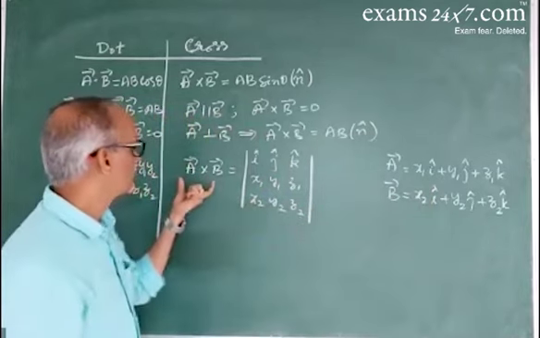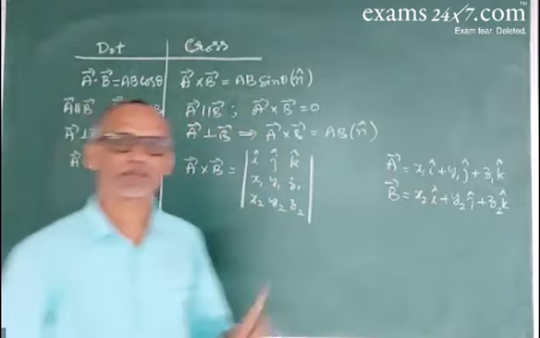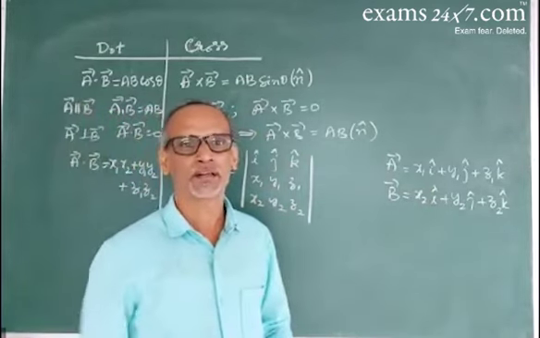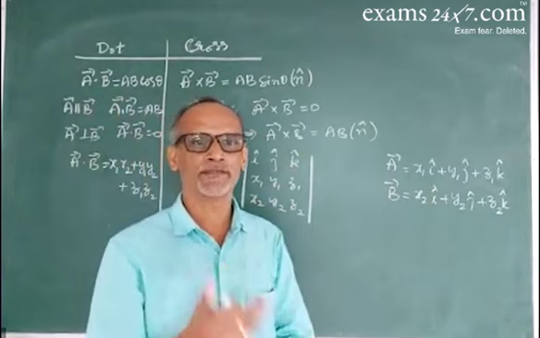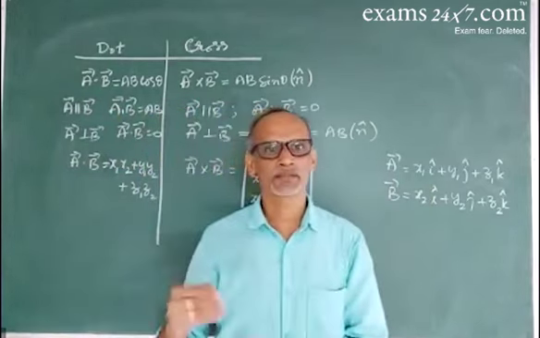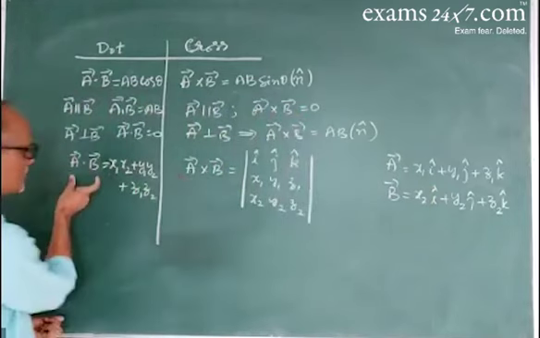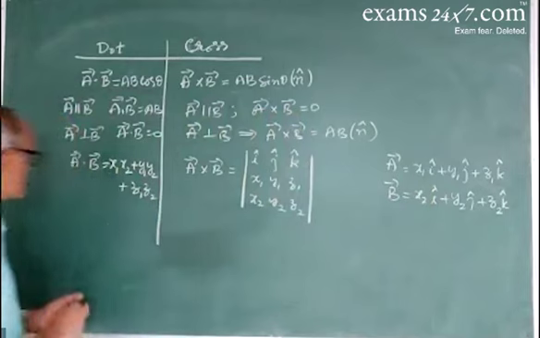You get the cross product of the two vectors. And if you want the magnitude, use the root of the square of the x coefficient plus the square of the y coefficient plus the square of the z coefficient. So that's how we measure the dot product as well as the cross product.